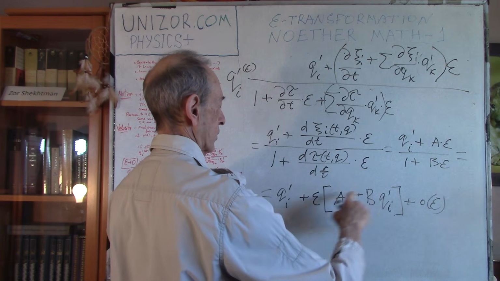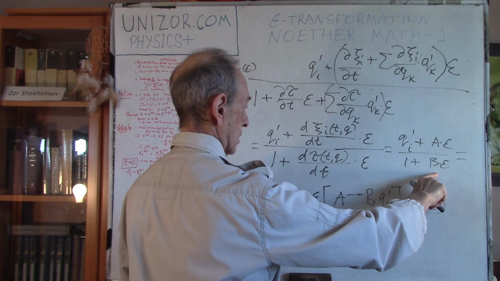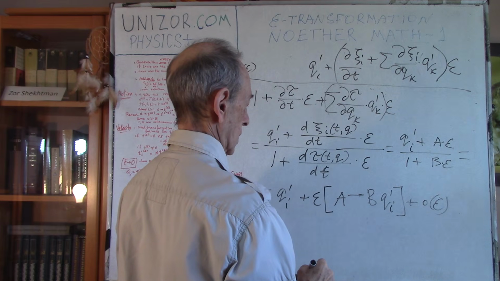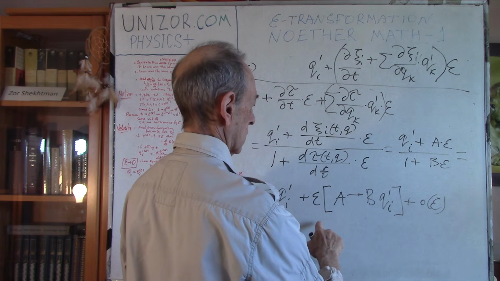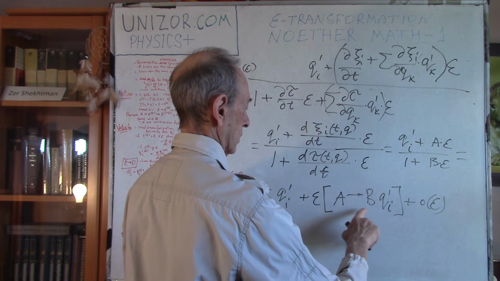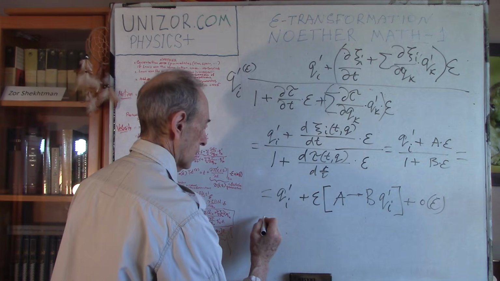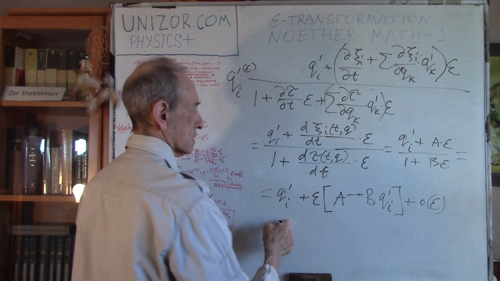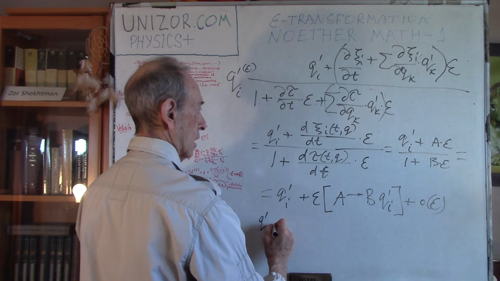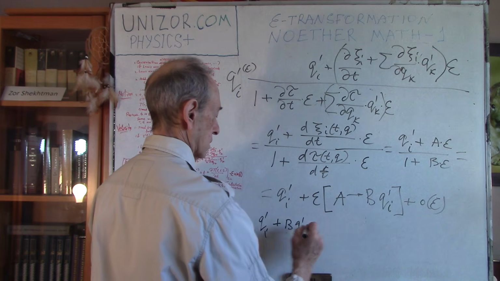Now if you will multiply q by b would be b q prime. Okay, let me just write it down. So this times this would be qi prime plus b qi prime epsilon, right?